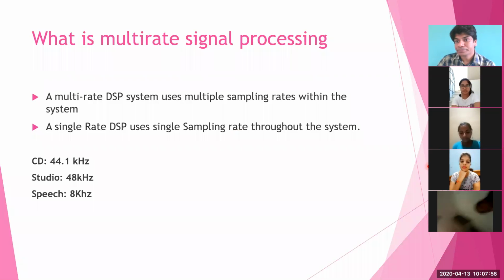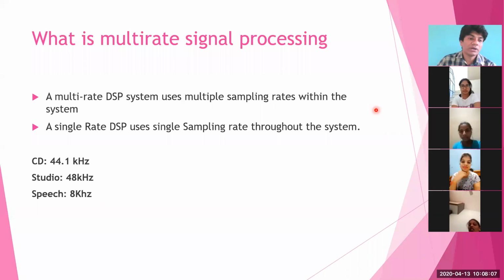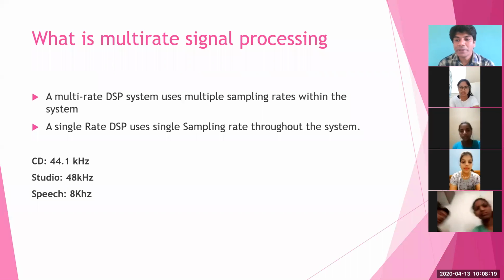And similarly, if you want this information to be sent over a telephone line, let us say, the telephone line typically uses a sampling rate of 8 kilohertz.